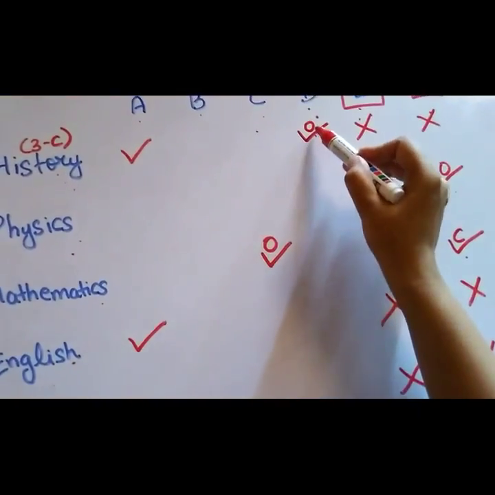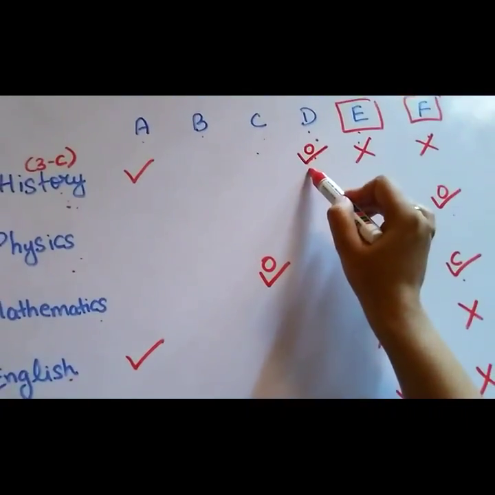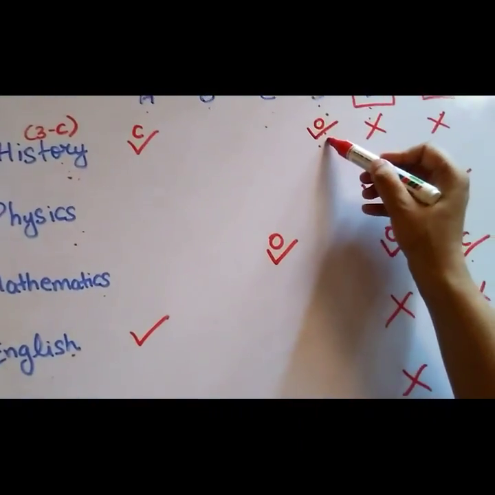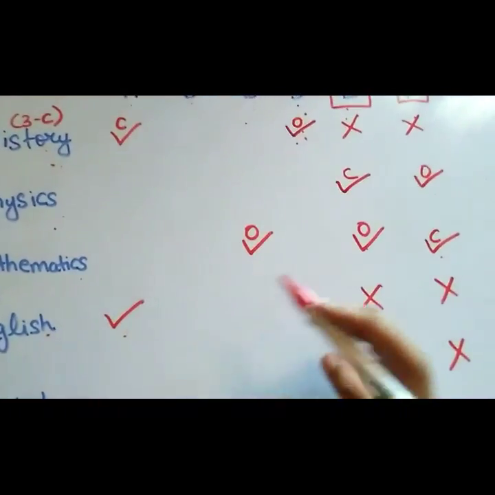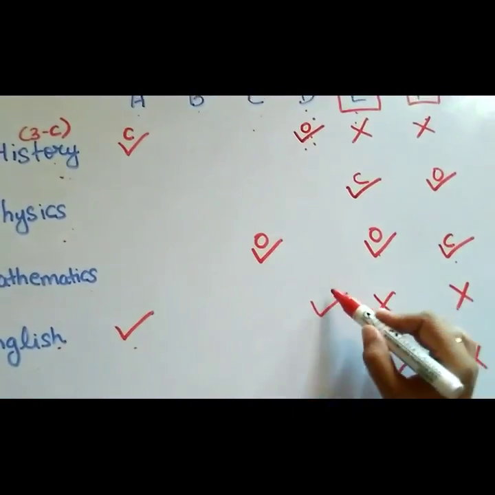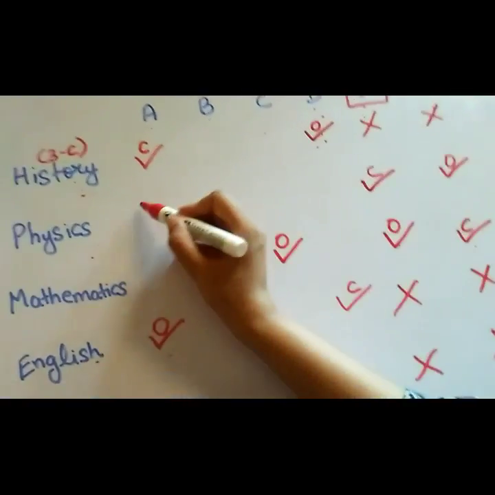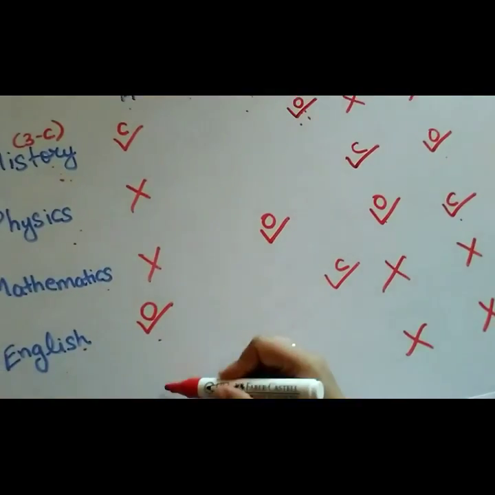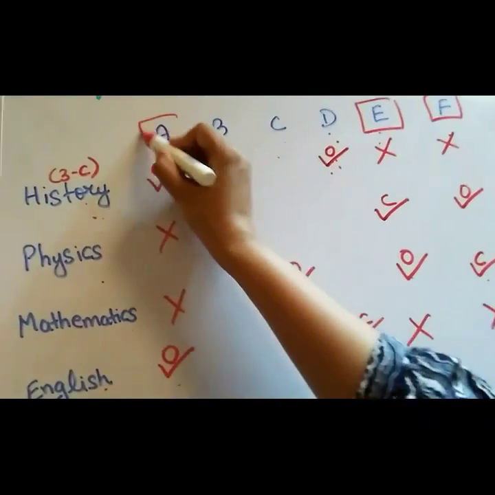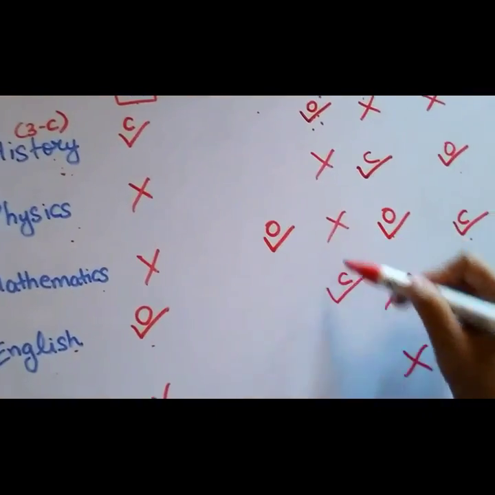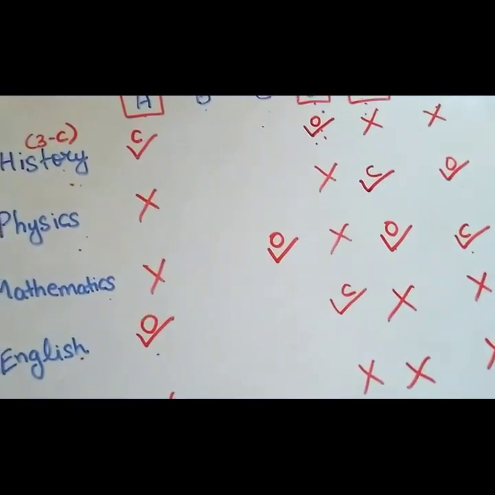So if D has history as optional, A will have it as compulsory, and D will have English as compulsory, and A will have it as optional. So we have completed A and D also.